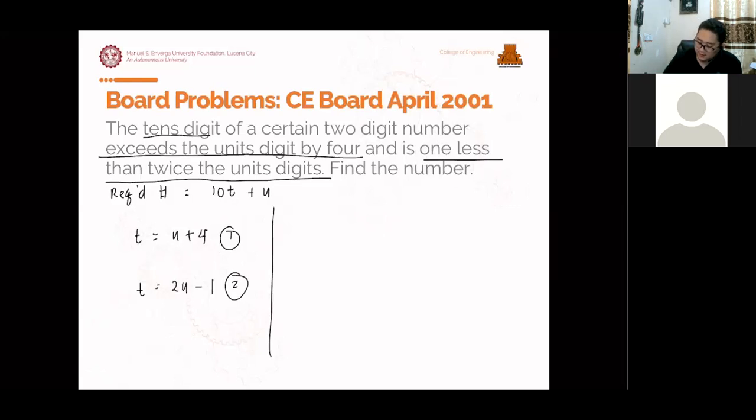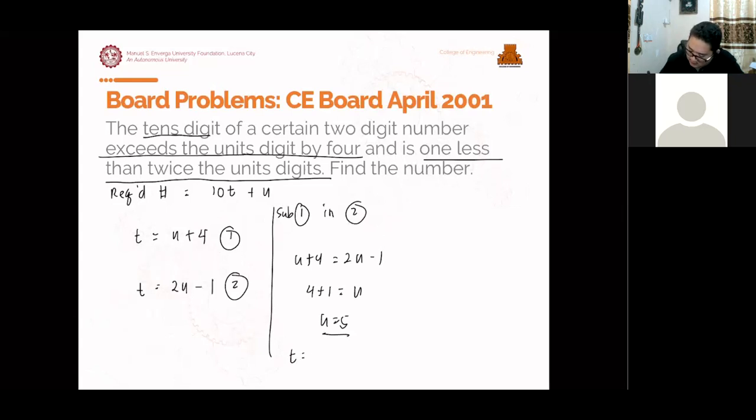Pwede. So, i-substitute natin si 1 in 2. Sub 1 in 2. So, we have u plus 4 is equals to 2u minus 1. Simplify natin. We have 4 plus 1 is equals to u, or u is equals to 5. Ngayon, nakuha natin si value ni u.